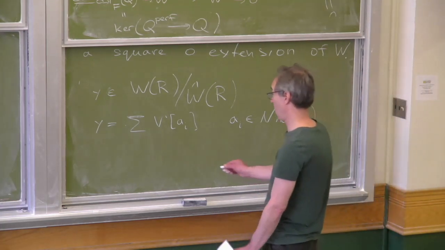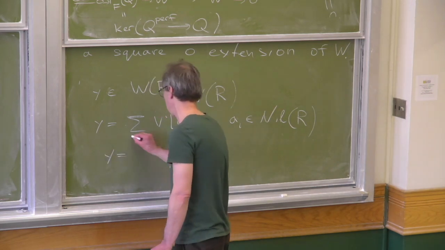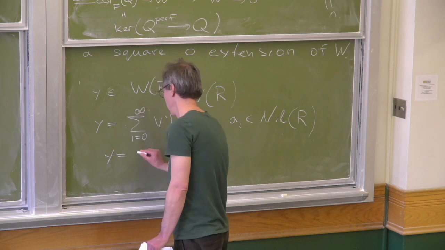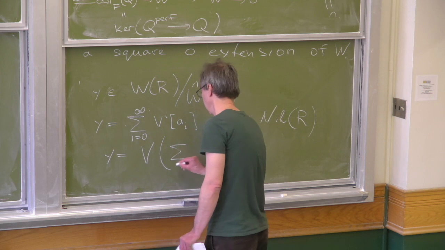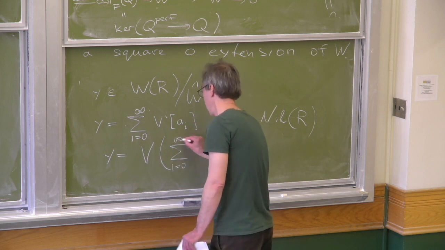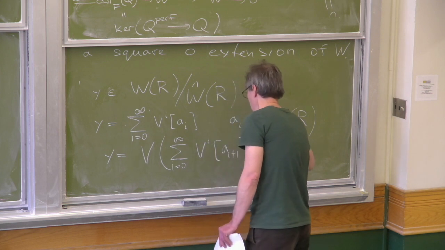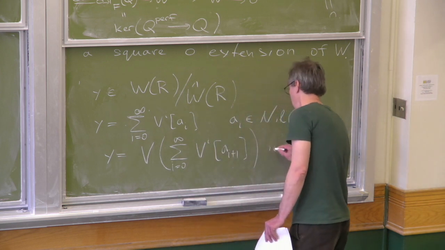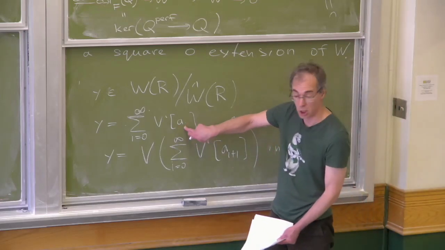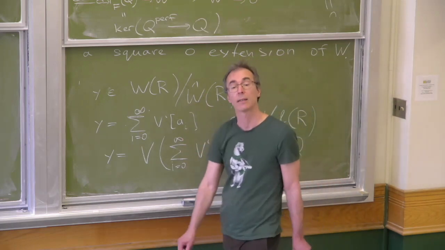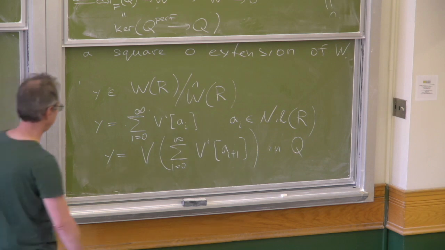But then y is a sum over r from 0 to infinity, and I can write it as V of the sum over r from 0 to infinity of a_i plus 1, in Q. Because the difference is just the Teichmüller of a nilpotent element, which is in the kernel.